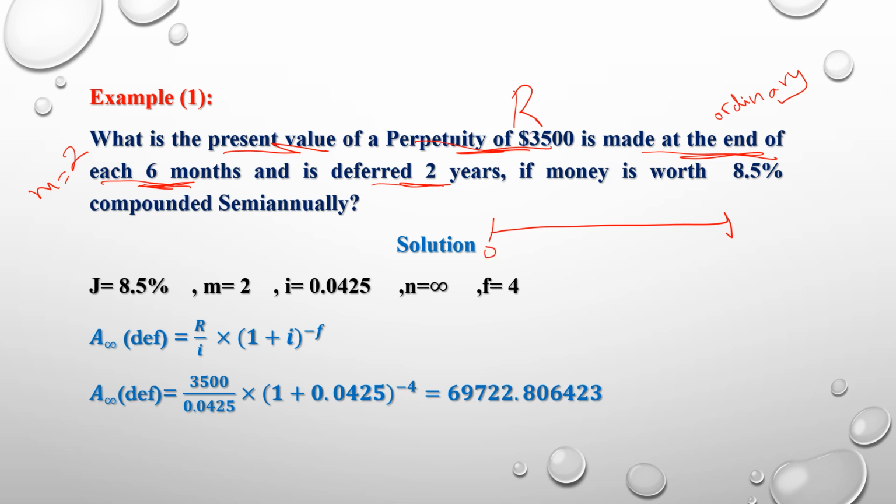If this perpetuity is deferred for 2 years, we can draw our example. This is now, and this is the deferment period, which equals 2 years. Then after this deferment period, we start paying the perpetuity for infinity, and we need the present value of these perpetuities.